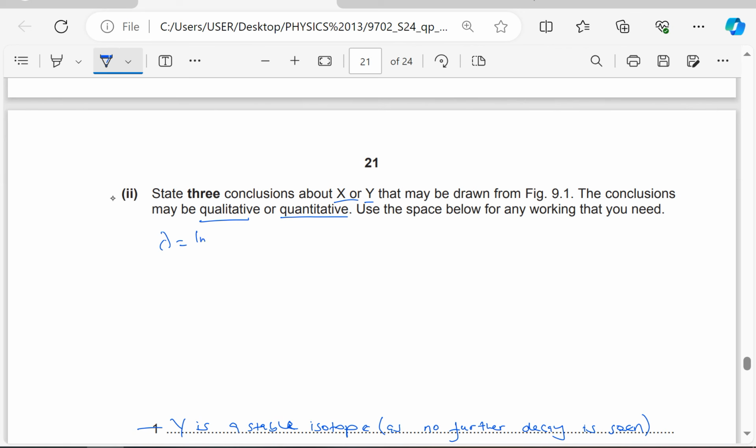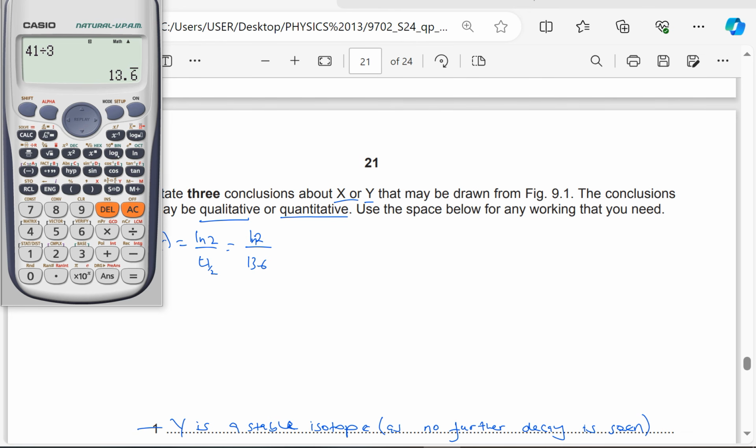So if I have the half-life, I can predict the decay constant. Lambda is going to be ln of 2 divided by t half. So it is ln of 2 divided by 13.6. That is 0.051.